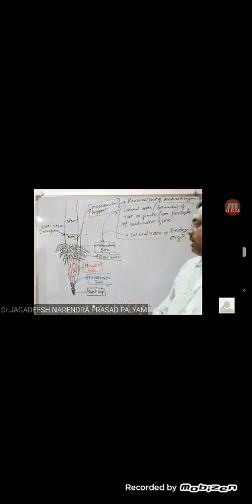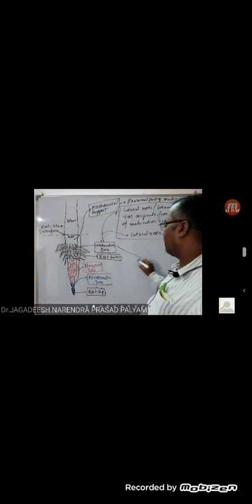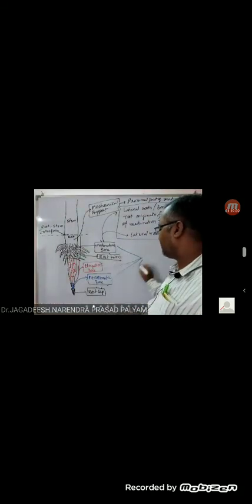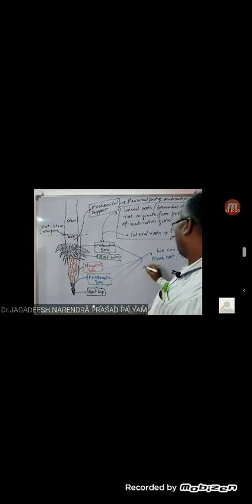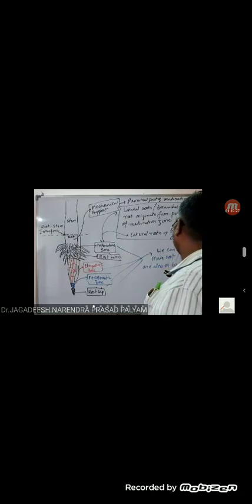Proximal part of the maturation zone. This is the proximal part. Provides mechanical support. I have written here. And these zones, all these zones, what are they? Elongation zone, maturation zone, meristematic zone. You can see them in the main root or tap root, and also on branches of the main root.